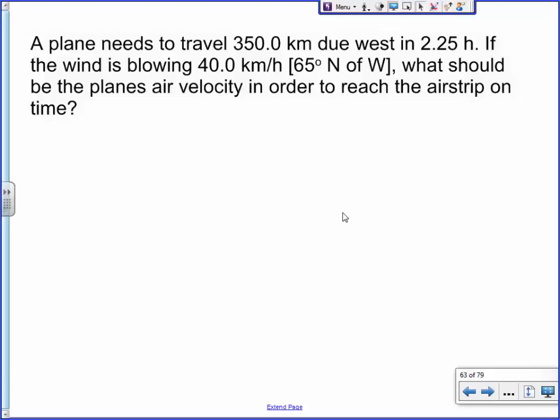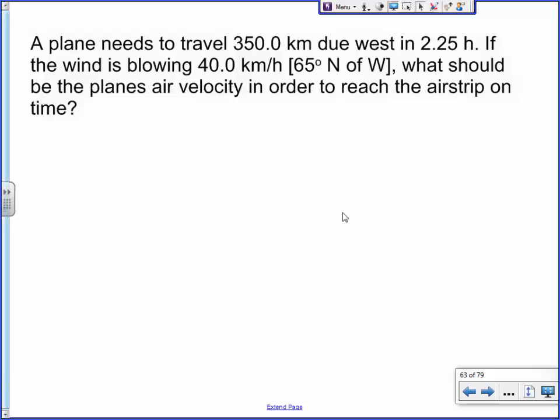Here it needs to go due west. So here's the plane, and it needs to go directly west. That's what it has to do. It needs to go that west amount in 350 kilometers. And, well, let's convert that even. That is 350,000 meters. That's how far it's got to travel. And it's got to do that in 2.25 hours.